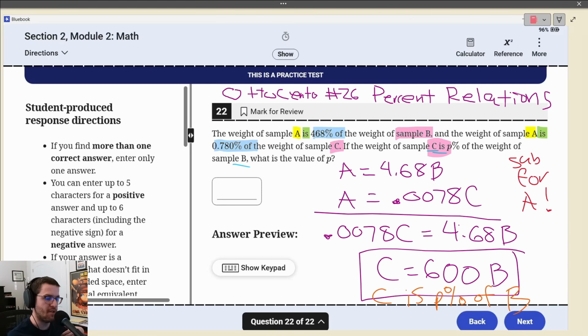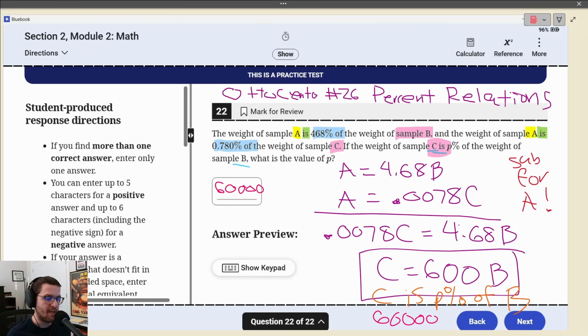So now we just need to change the 600 back to a percent. So we were dividing by 100 before. Now we're going to do the opposite because we're doing it backwards. Now we're going to multiply by 100. So it is 60,000%. Again, multiply by 100. We're doing the opposite of what we were doing before. And that is the answer.